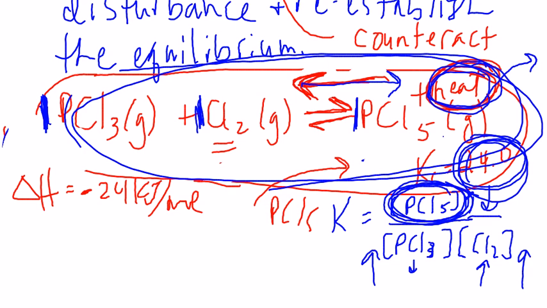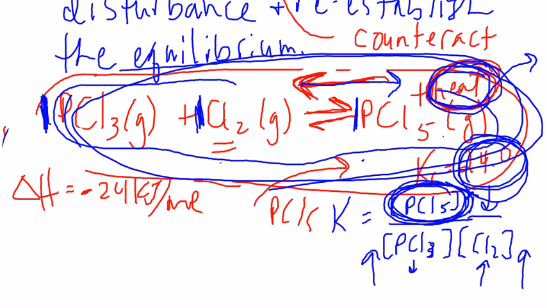If we decrease the volume of this chamber and put it into a smaller chamber, we in effect increase the internal pressures, we increase the concentrations, and because we have more moles of gas on the left, the system shifts to counteract the stress.